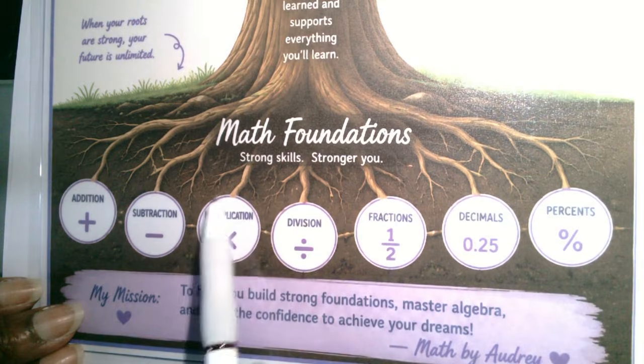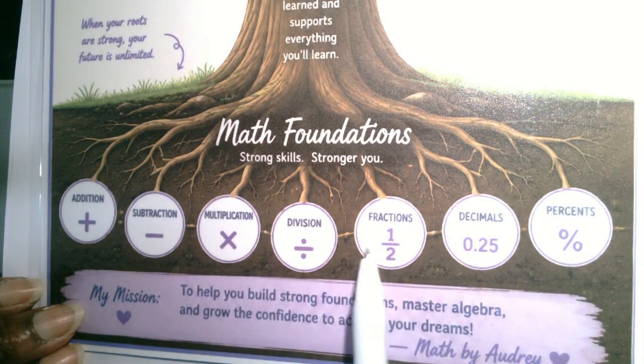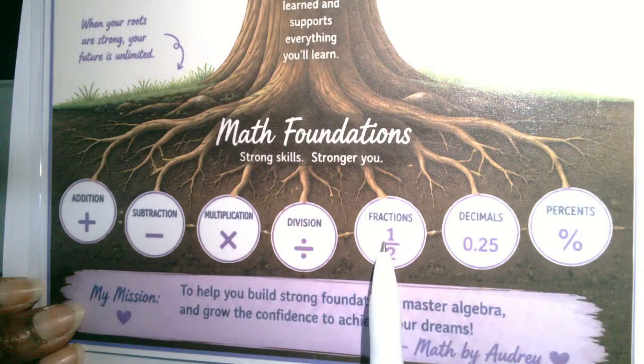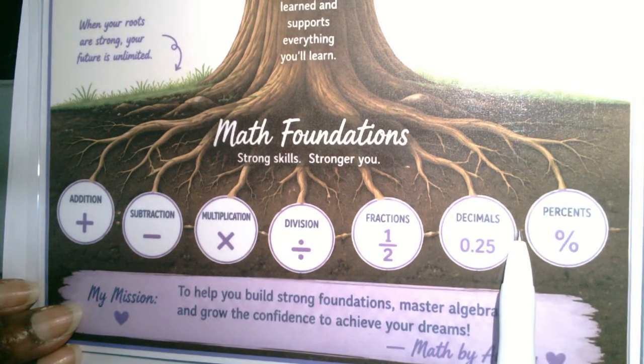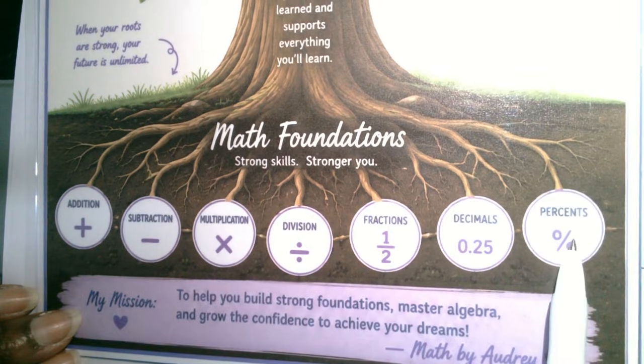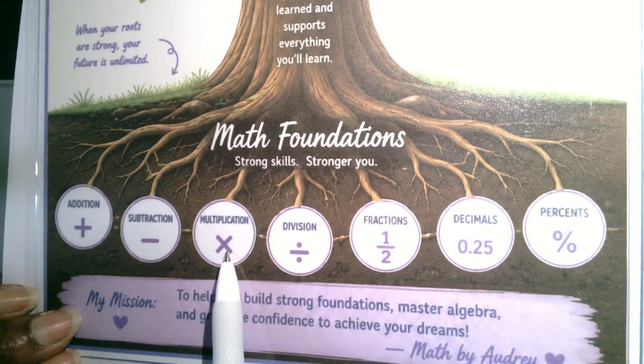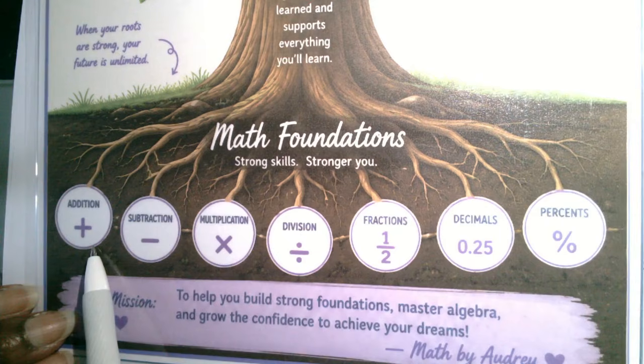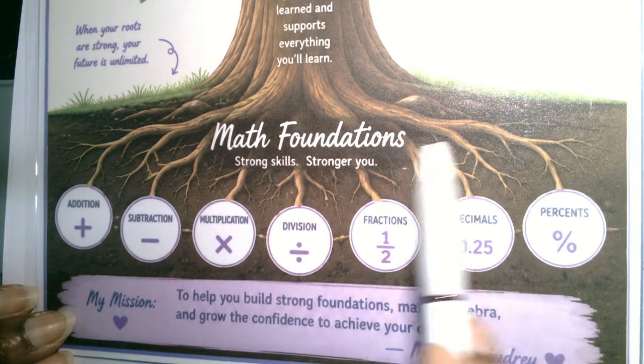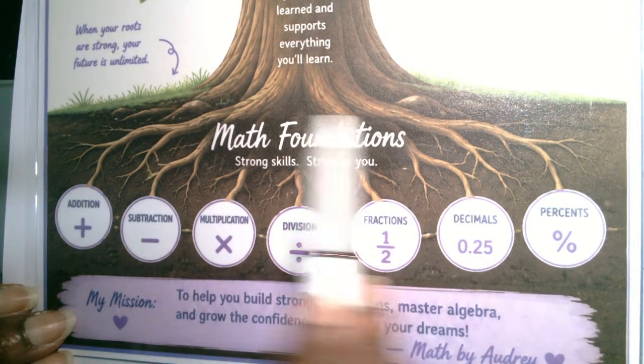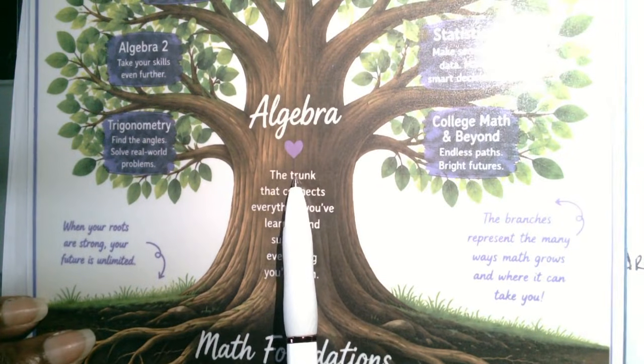If we don't understand our multiplication, it's tough for us to do fractions, especially what to reduce by. It's tough to do decimals. It's tough to do percentages. And multiplication is nothing but fast addition. So if we can build up those foundations, build up those roots, then we can handle algebra.